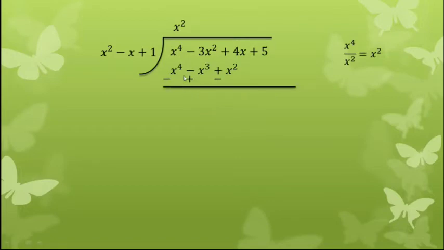Now see, x to power 4 positive and x to power 4 negative, so both will be cancelled. Okay, x to power 4 is positive here and the other is negative, that's why both x to power 4 will be cancelled.